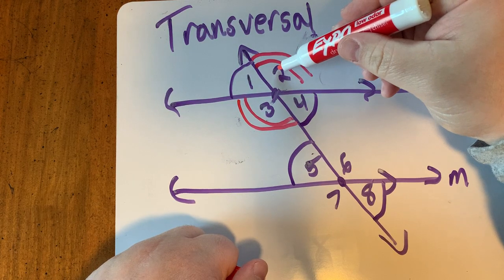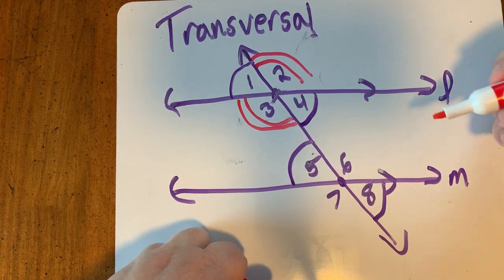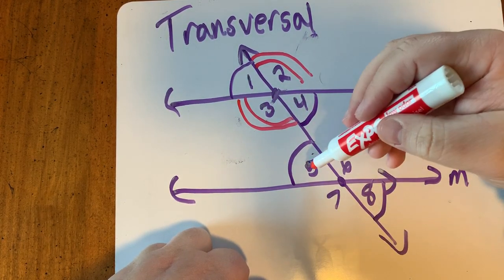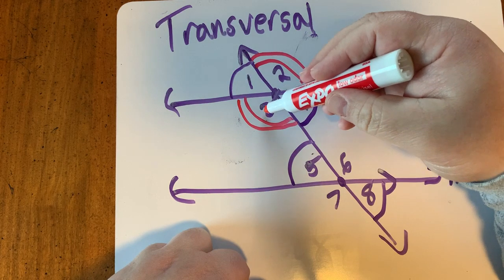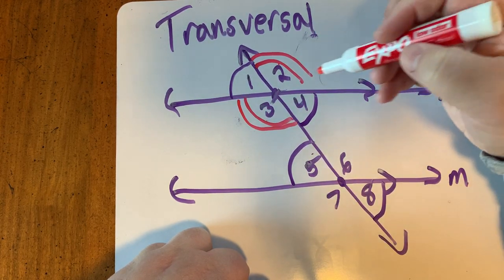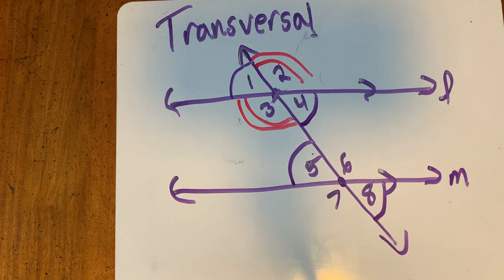So wait a minute. Angle 2 and angle 8 are same side exterior angles. If 3 and 5 are supplementary, and angle 5 is congruent to angle 8, and angle 3 is congruent to angle 2, wouldn't that make these two also supplementary? So that means the same side exterior angles are also supplementary.